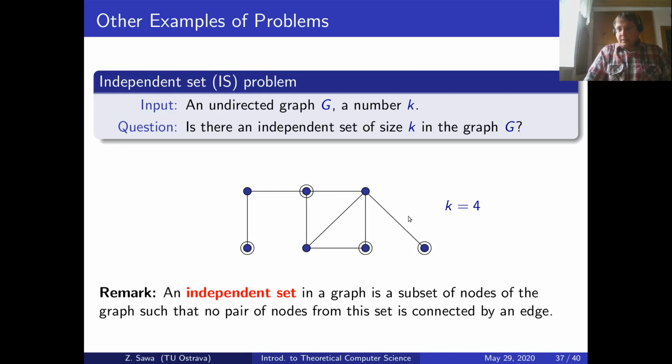This is despite many attempts to obtain such an algorithm, and the reason is that this is an example of so-called NP-complete problems. We will discuss these NP-complete problems on the next lecture, and these are problems for which it's typically quite obvious that they have an exponential time solution.